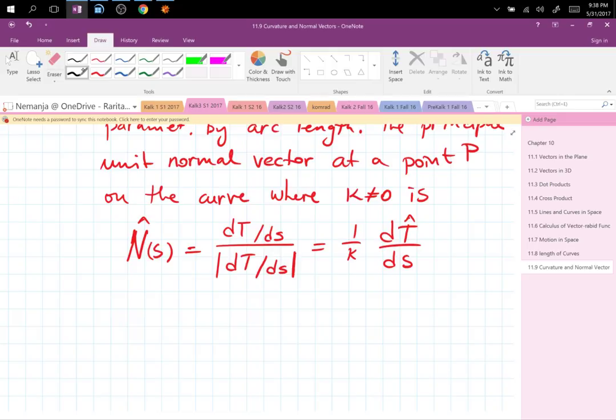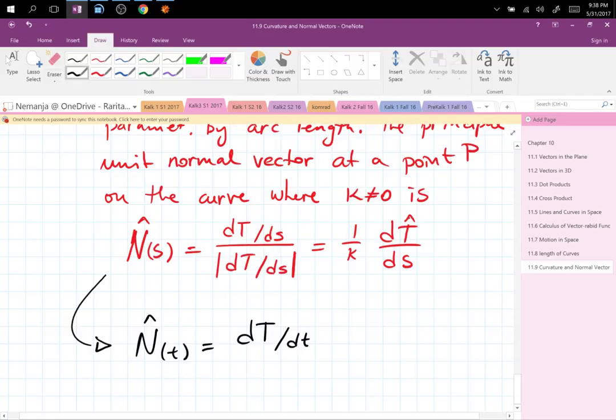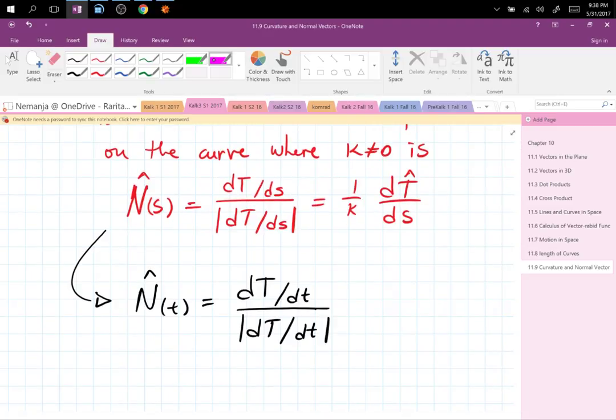But again, we change this using the parameter t. We have one step to get it to parameter t. It's a vector quantity, obviously, because it's a unit vector.